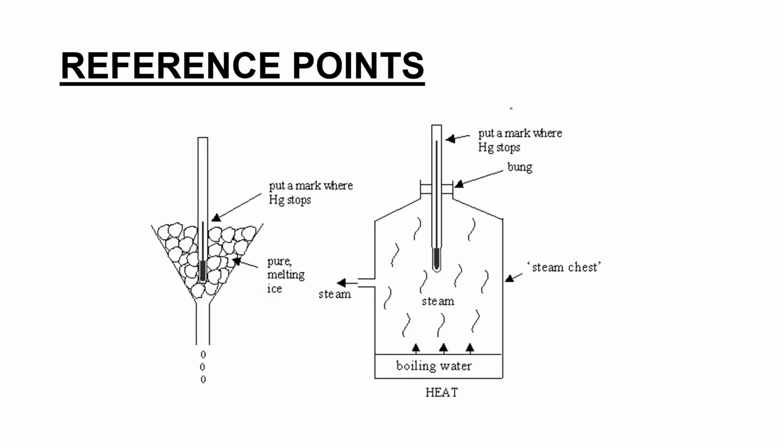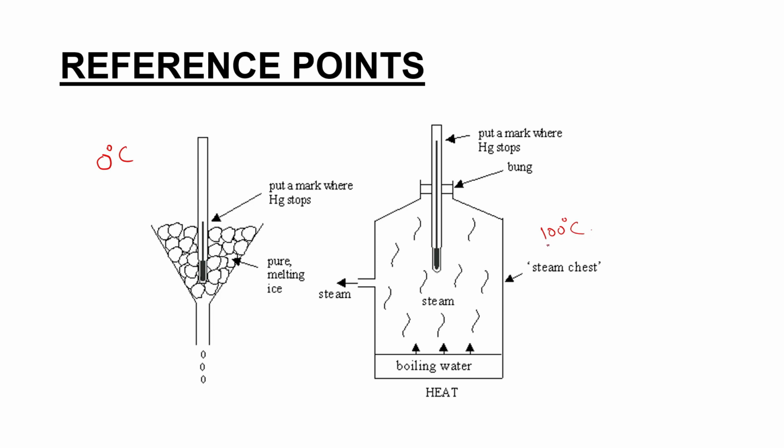Now, in order to measure the temperature, first you need some reference points from which you are measuring. The usual reference point you take is the melting point of ice, and you assign some value to that. For example, for degrees Celsius you assign a value of 0 degrees Celsius, and then you have the boiling water, where steam is assigned a value of 100 degrees Celsius.